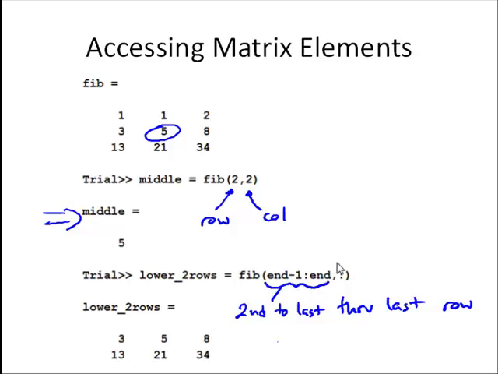Then the comma indicates we're going to move on to the columns, and just having a colon there for the column index means all columns. So we take the second to last rows and all columns and create this new matrix, lower 2 rows.